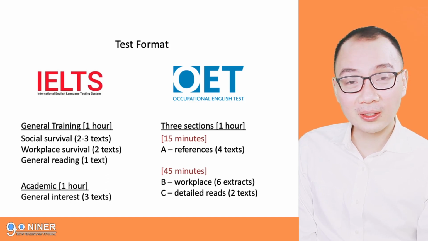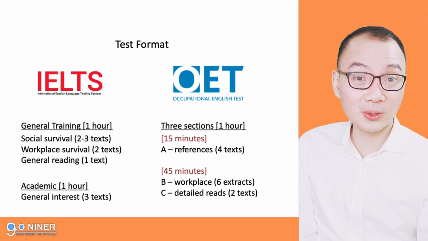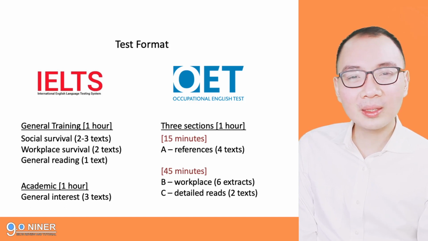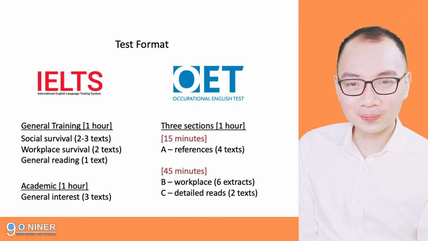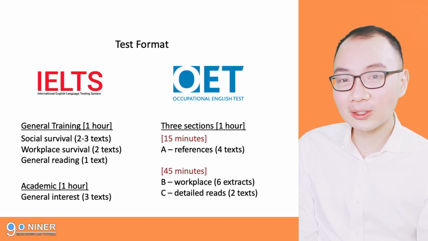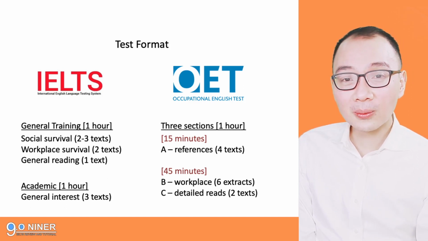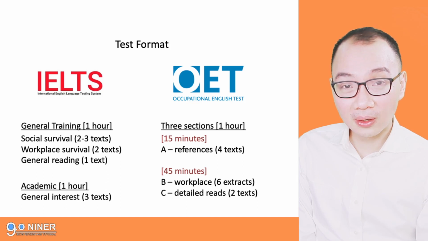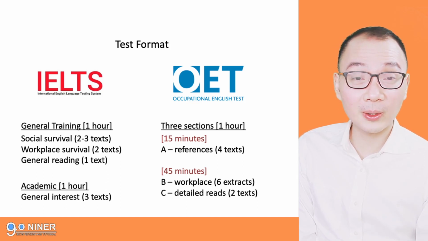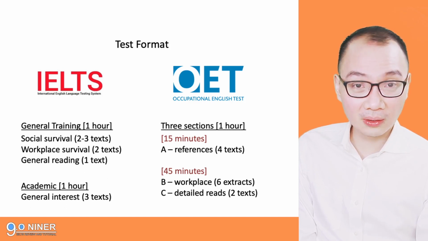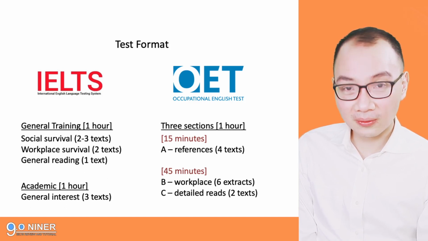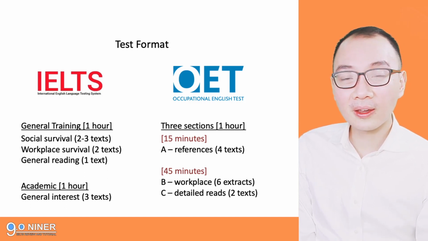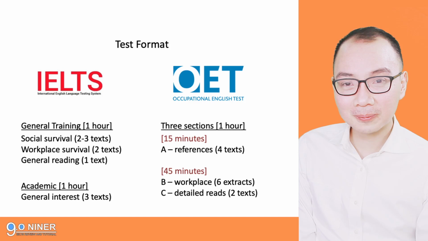They are materials that one can encounter during duty, for example, emails from supervisors, quality control guidelines, infection control procedures, etc. Part C would contain the more detailed reads, longer texts about topics of general interest as well to the 12 professions that the OET is good for, the hardest material that they would be presented with.